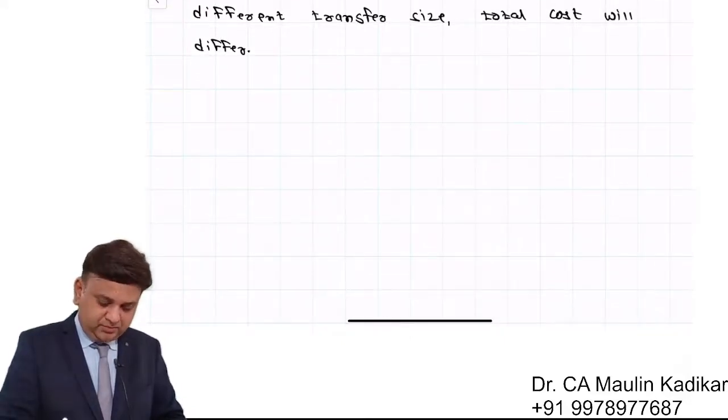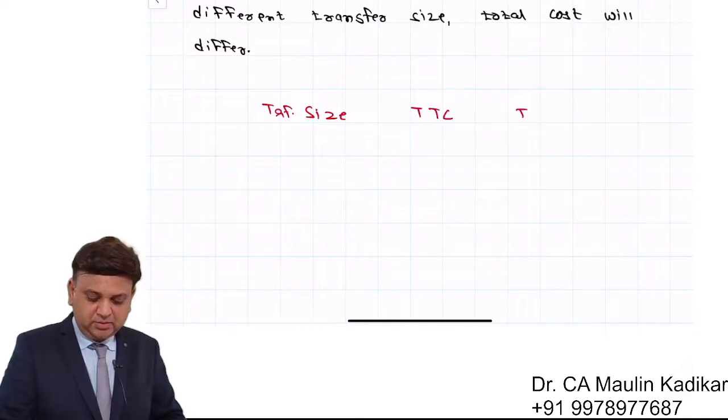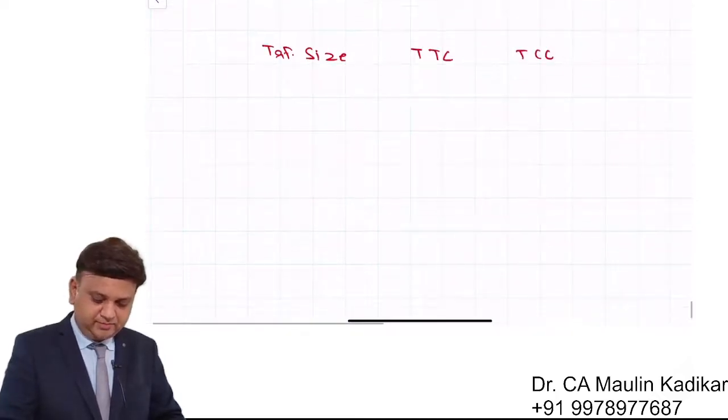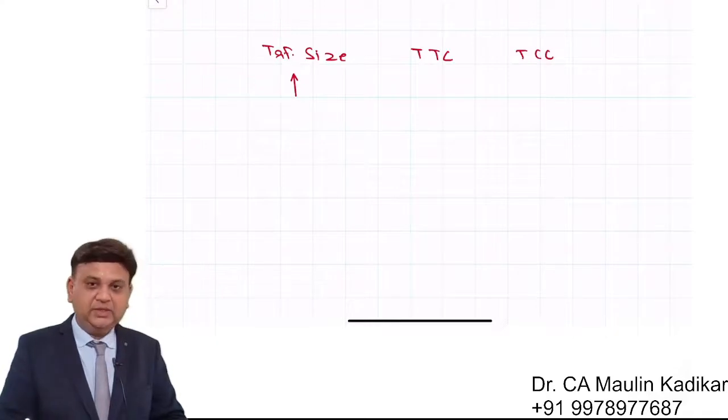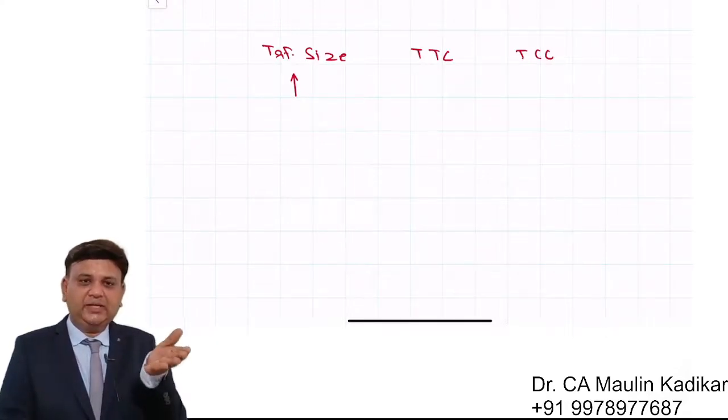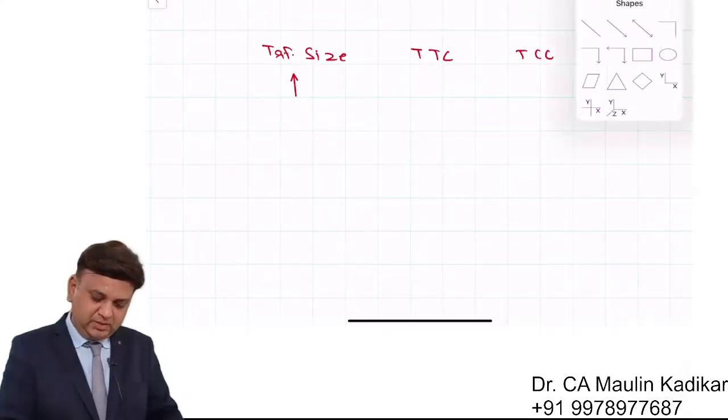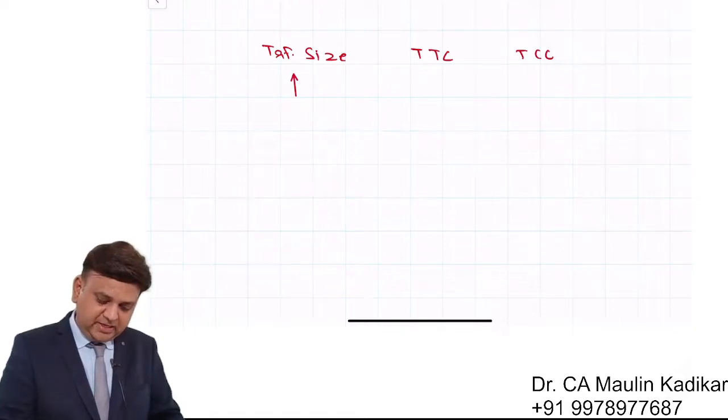In that write down transfer size, total transfer cost, total carrying cost. If transfer size is more, then what will happen? On an average, balance in the current account will be more, and total carrying cost will be more.